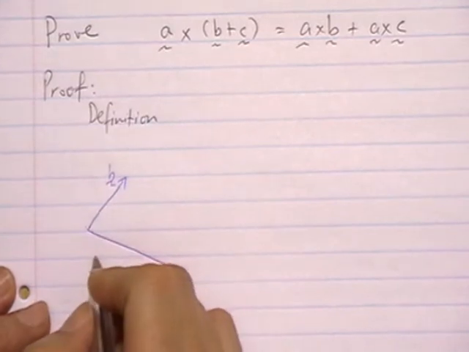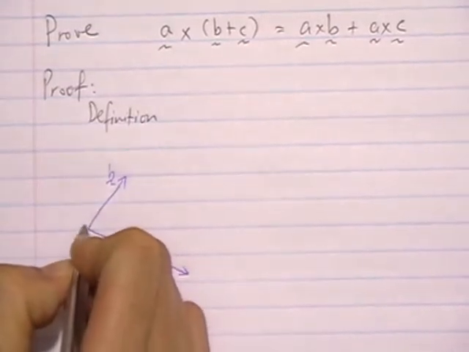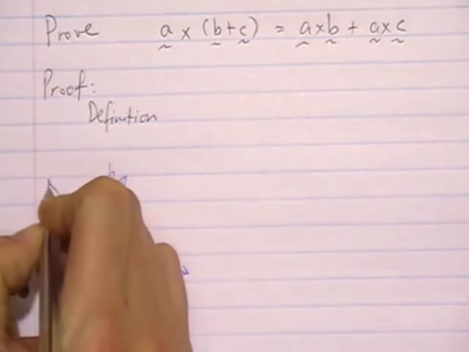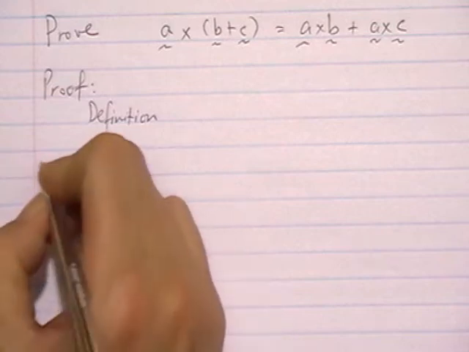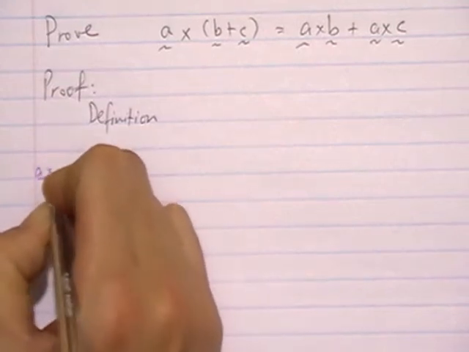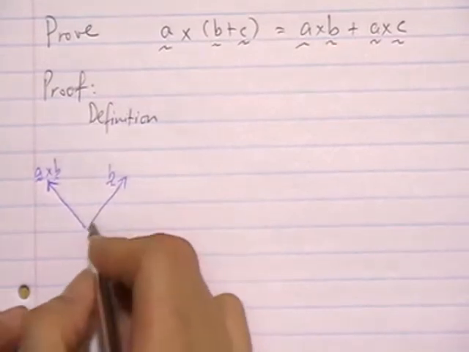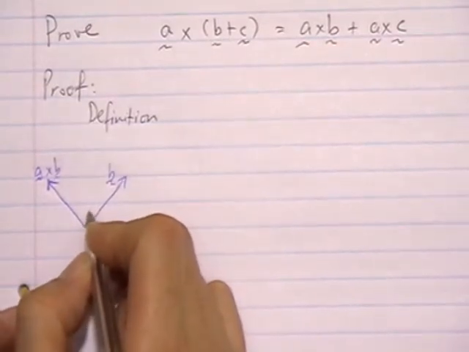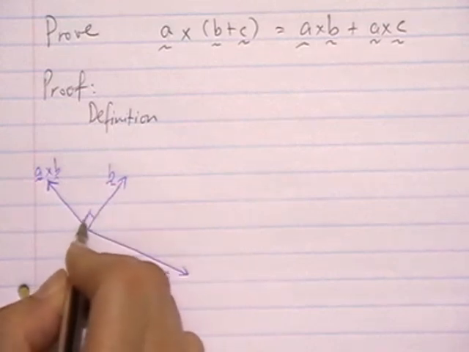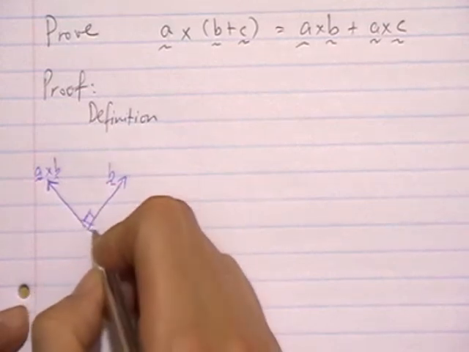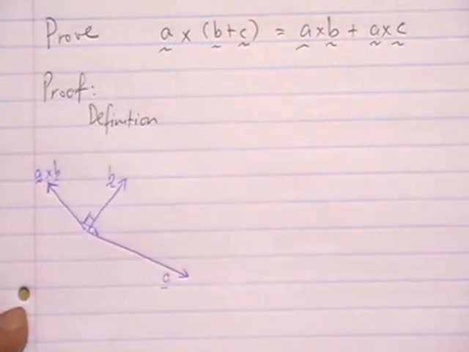It's a bit hard to imagine, but let me try anyway. Say that's A cross B. Okay, so this is at the same time perpendicular to B and perpendicular to A.